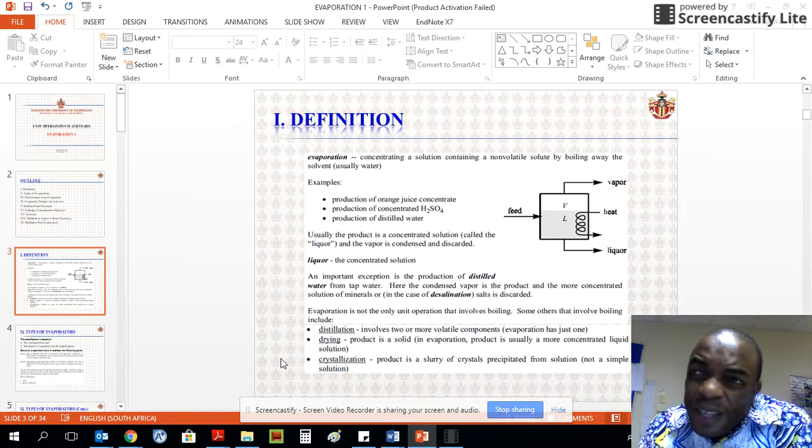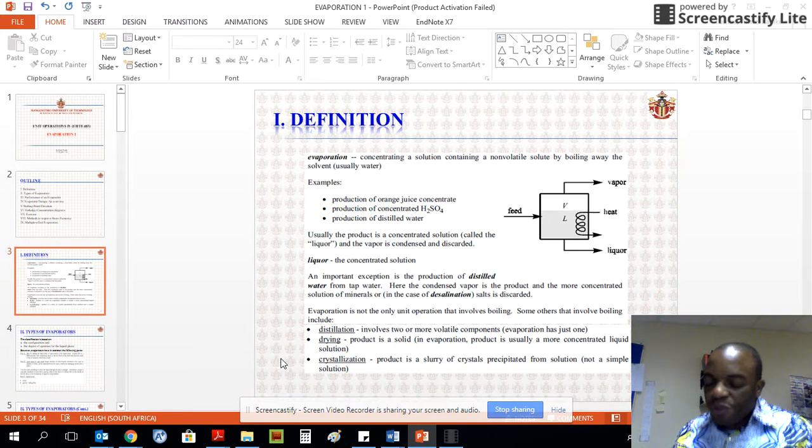Like for example, after crystallization and after centrifugation in the sugar industry, you end up with sugar that contains a bit of moisture. Now you need to dry to remove that small amount of water.